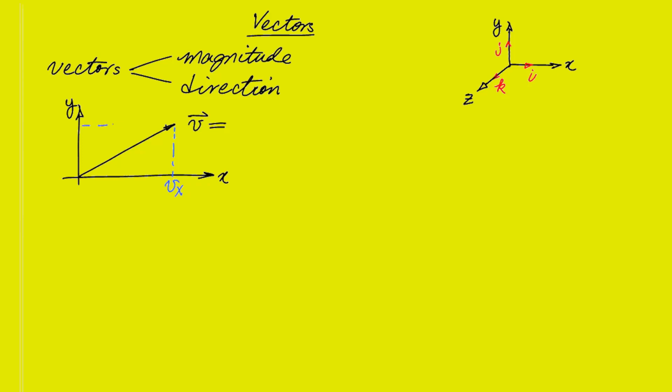X component, Y component. So then we can represent this vector by Vx in the i direction plus Vy in the j direction. And we call this form of representation rectangular form.